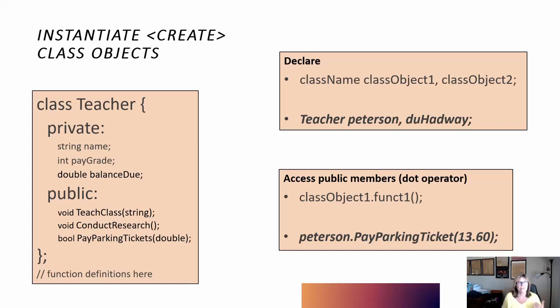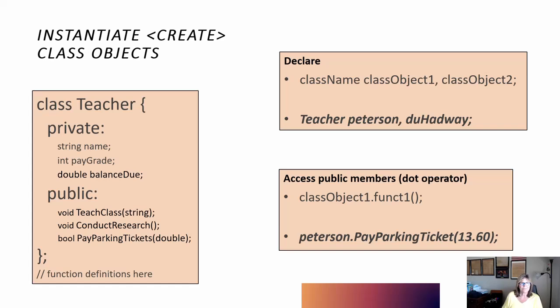And the state of an object is the value of their instance variables at any moment in time. I would expect Peterson's balance due to drop or increase if they got a parking ticket. I would expect their pay grade to increase over time. Names might change if they get married or if they just decide to change their name. So the state of an object is the value of its instance variables, like a snapshot of the value in those instance variables at any point in time.